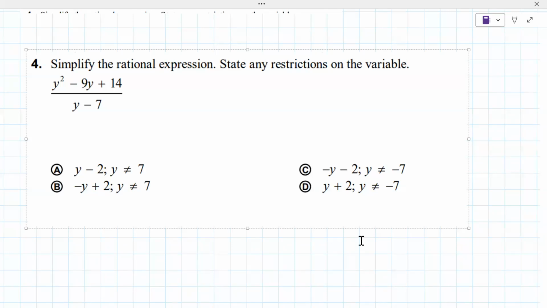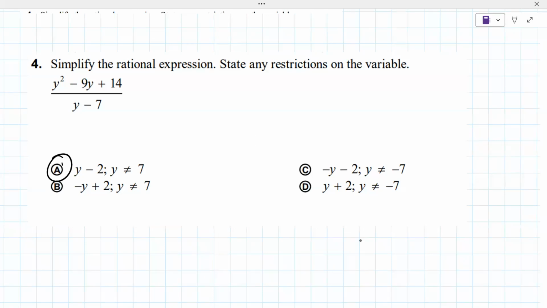I got A. y cannot equal 7. Yep, looks good. Okay.